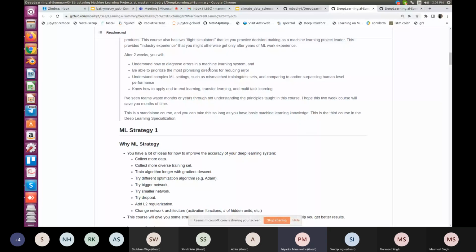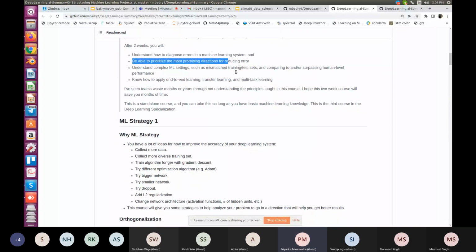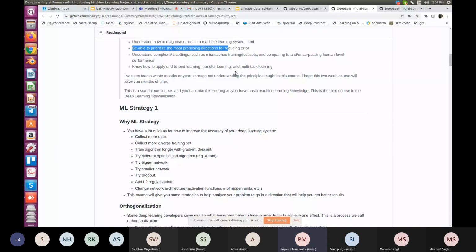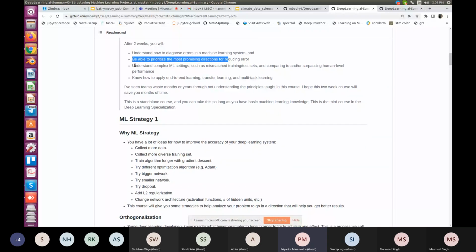Yes. So this course will make you understand how to diagnose errors in a machine learning system, be able to prioritize the most promising directions for reducing error, and understand complex machine learning settings such as mismatched training and test sets, and comparing to and or surpassing human level performance.